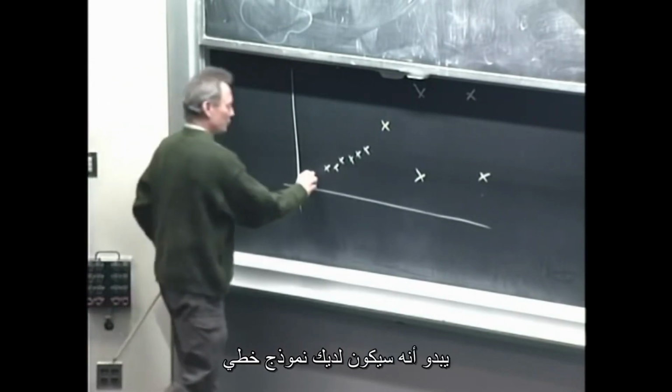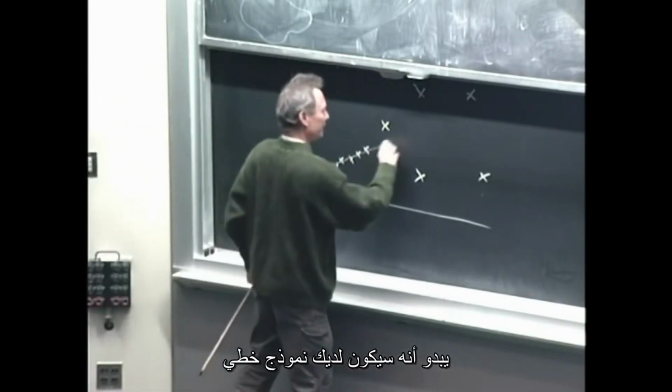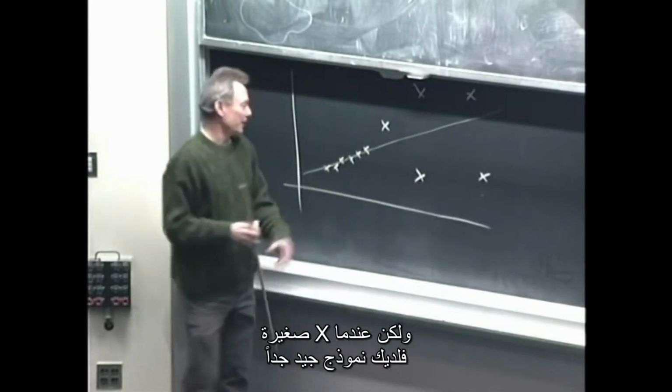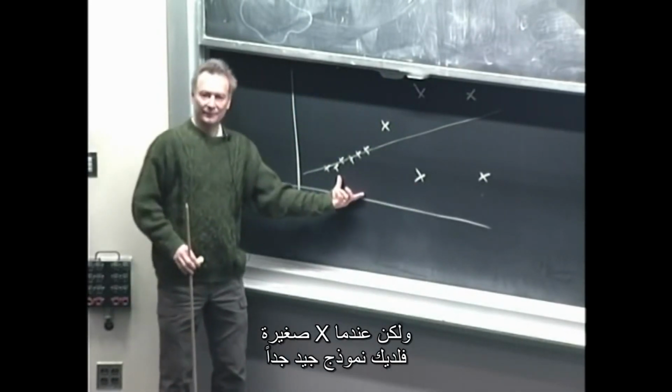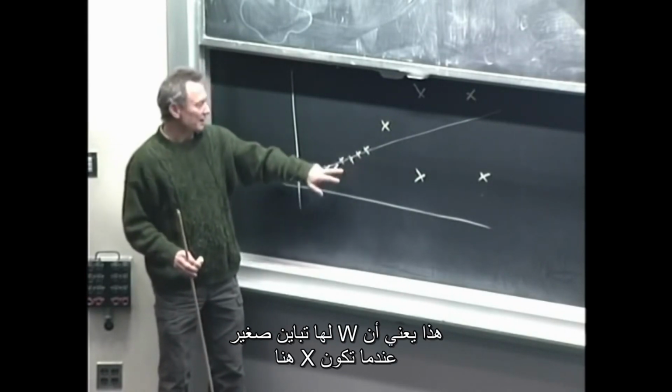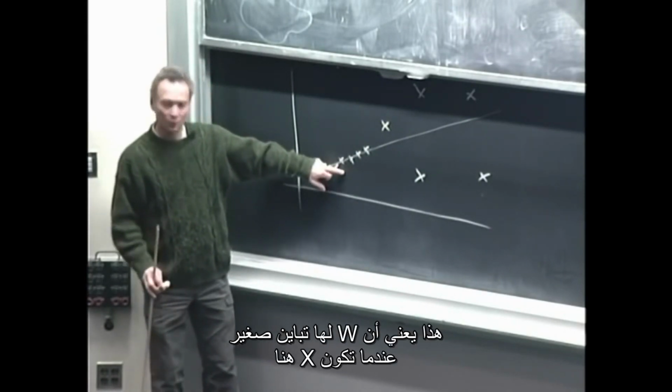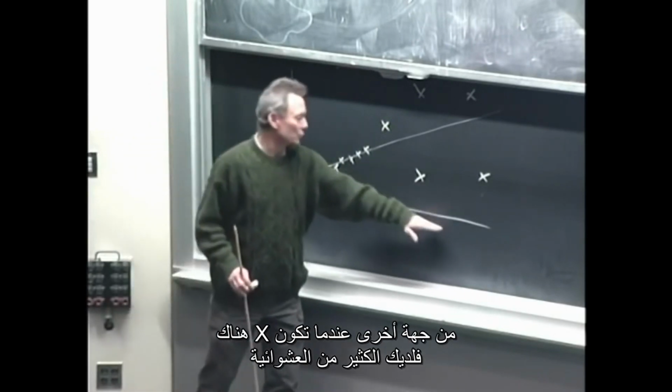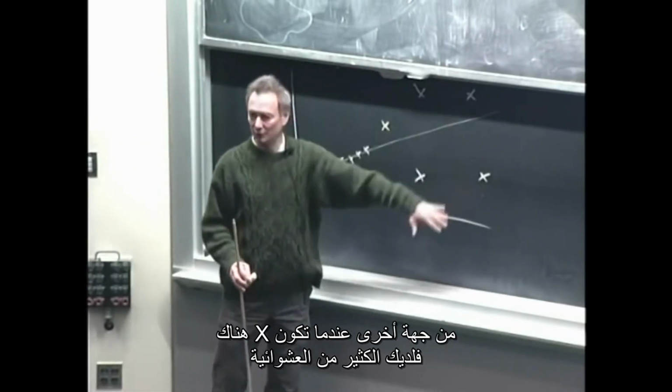So what's happening here? You seem to have a linear model, but when x is small, you have a very good model. So this means that w has small variance when x is here. On the other hand, when x is there, you have a lot of randomness.